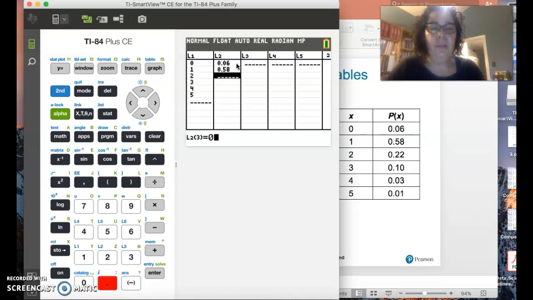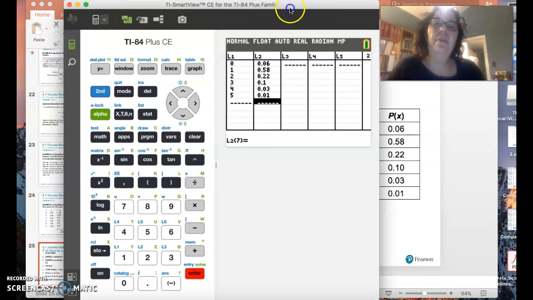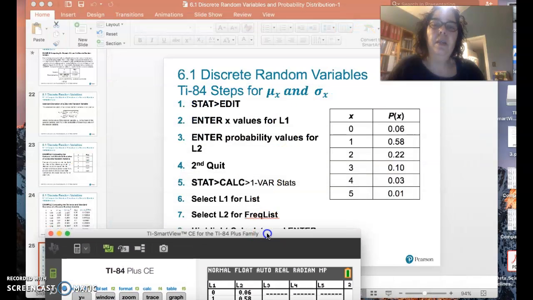So I'm entering the probabilities of each event happening for my L2 column. The L1 column was already entered. So we're going to go ahead and figure out the expected value and standard deviation. If you follow the prompts here, we go to stat, calc, one variable.